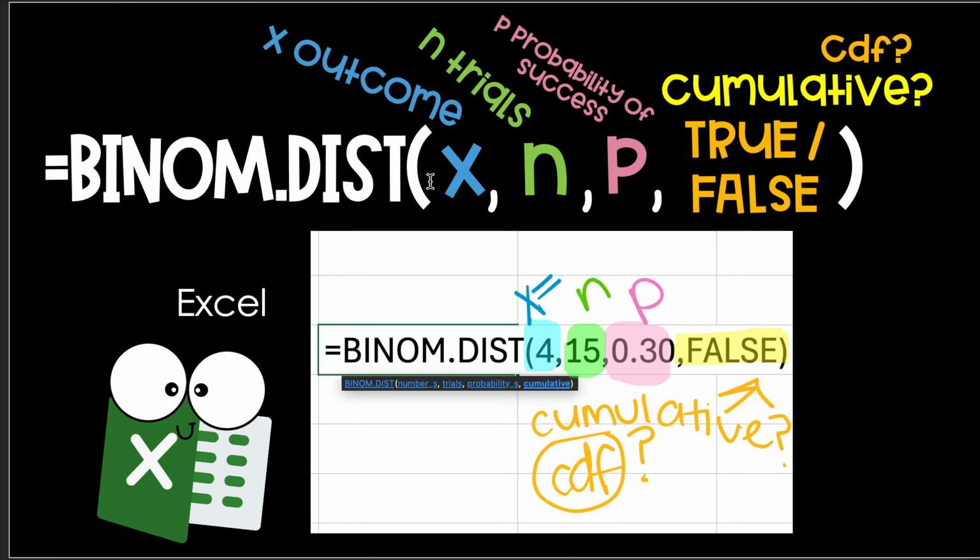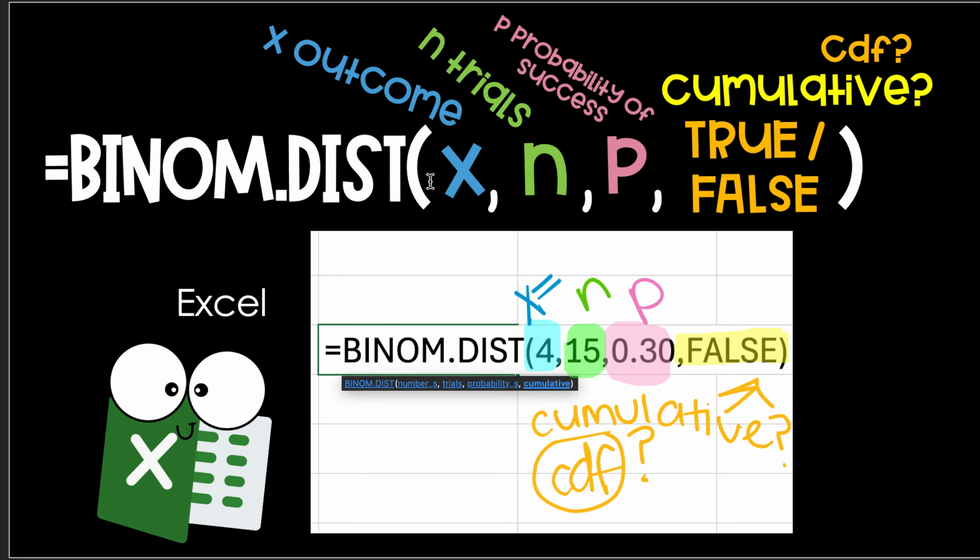The first value will be the X outcome that you have, whether it's CDF or PDF. The X value that you're using as a reference point is going to be the same. Then your second value will be the number of trials that you have. In this case, for this question, we had 15 sampled users. And then you're going to put your probability of success, which for us was 0.30.